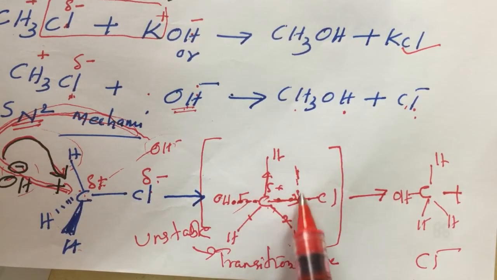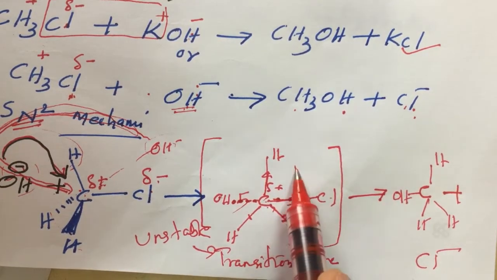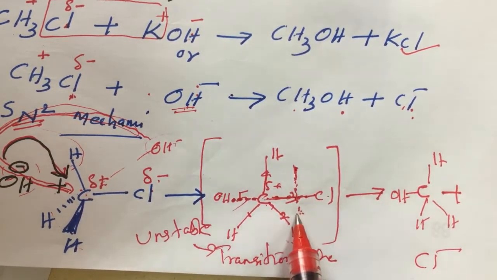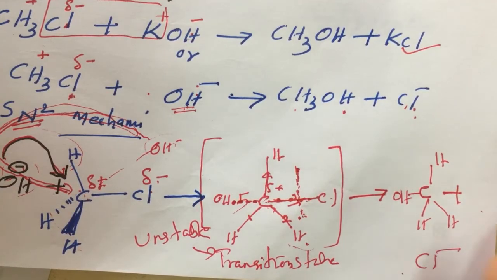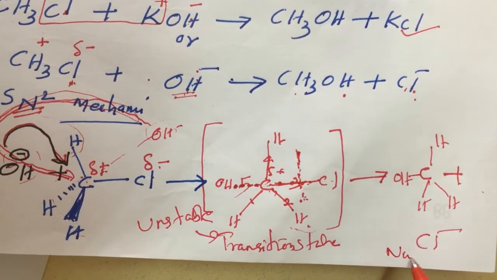Because around carbon there are now 5 bonds, and to make it 4, the C-Cl bond becomes weak and finally breaks. Then the Cl minus nucleophile leaves from the compound.